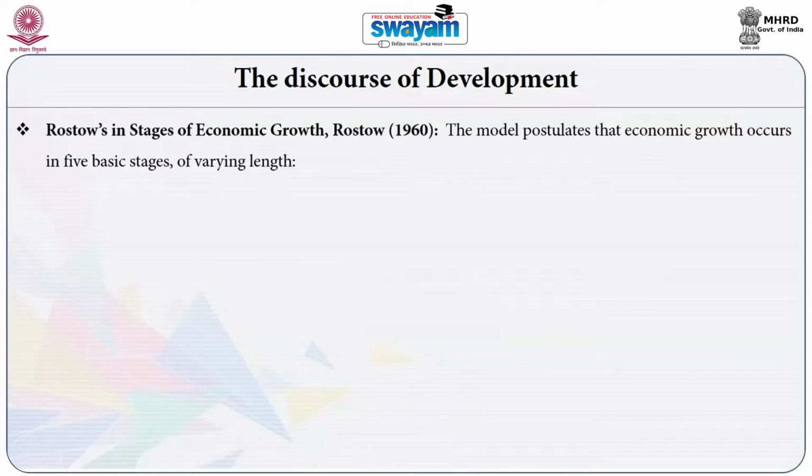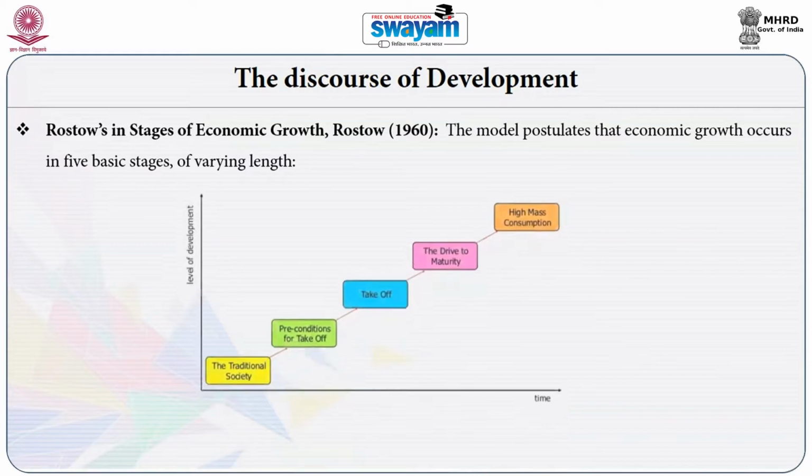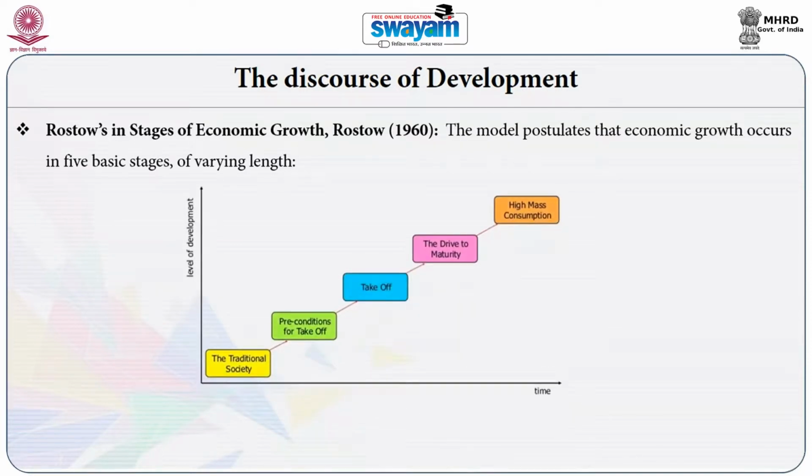One concept that captures this idea very well is Rostow's stages of economic growth. Rostow comes out with this idea in 1960 and he says there are 5 stages to economic growth. One is traditional societies. Traditional societies transition into preconditions for takeoff. That would transition into a takeoff.